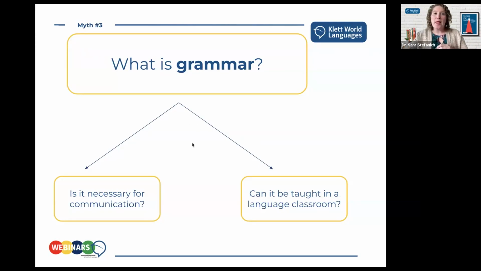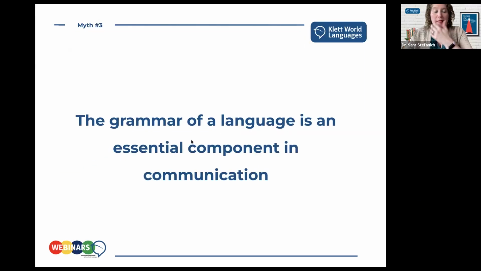And so I think very much that the grammar of a language is an essential component in communication. If I am communicating, if I am externalizing my language, whether that is by speaking, writing, or signing, I'm using grammar.